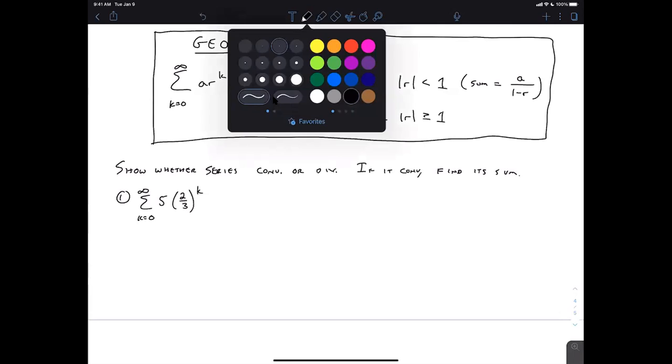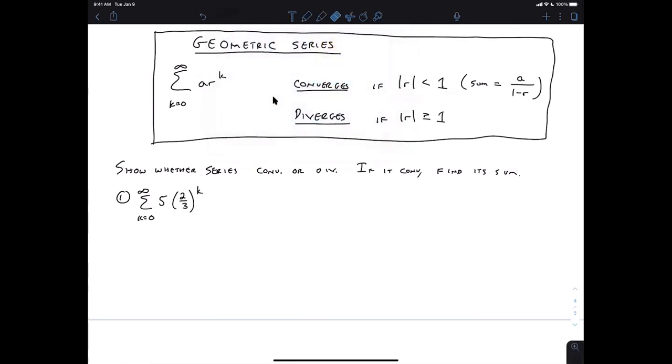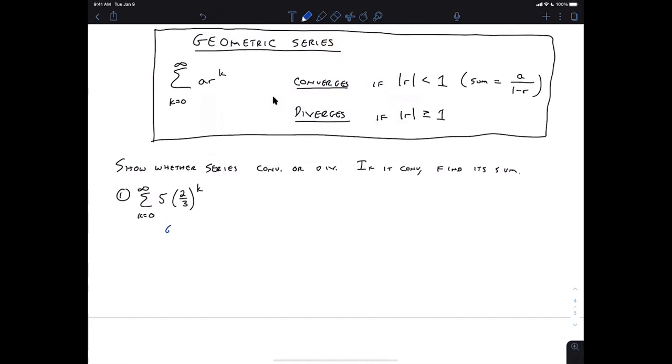So you say, as your proof, and what I'm writing in blue is the actual thing you write, okay, this is a geometric series. Not all series are geometric, but this one is. We know that because it's in this form, AR to the K. Does that make sense? Okay.